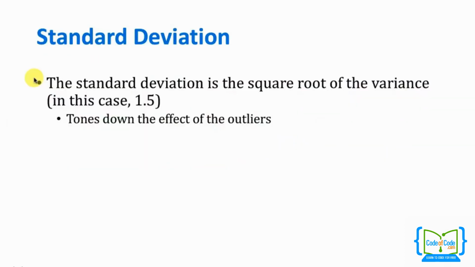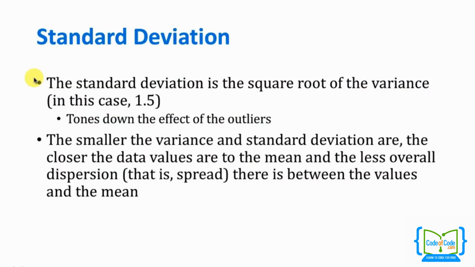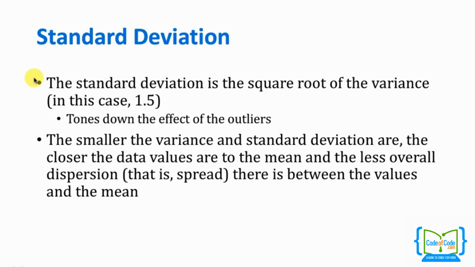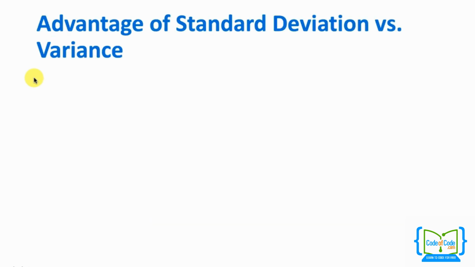Now, going back to the slides for a second here, the smaller those values are for the variance and the standard deviation, the closer your overall data set is to the mean value in that data set. So smaller values mean closer to the mean.